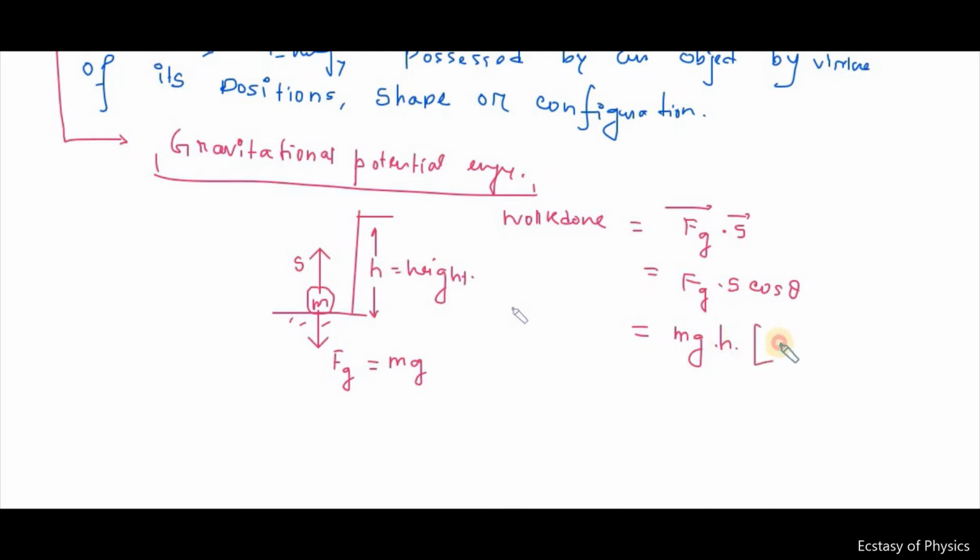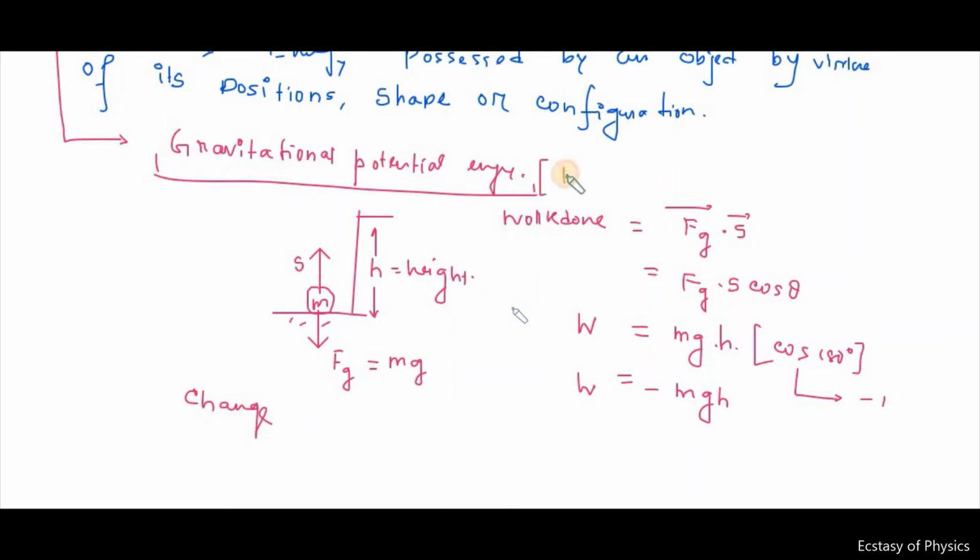And what about theta? Presently this theta is 180 degrees. And cosine 180 degrees is equal to -1. So finally we get the expression of work done, that is negative of mgh. And finally we can say the change in potential energy, or change in gravitational potential energy.